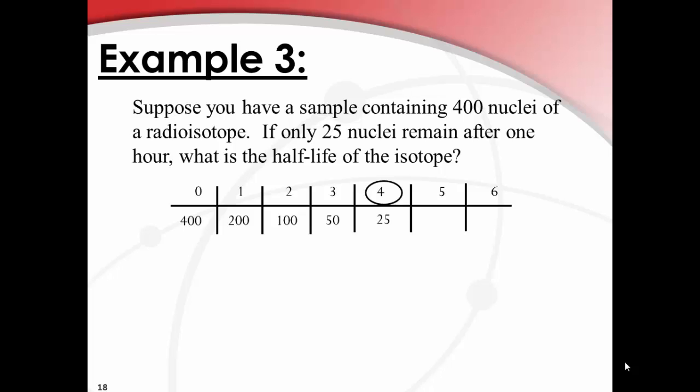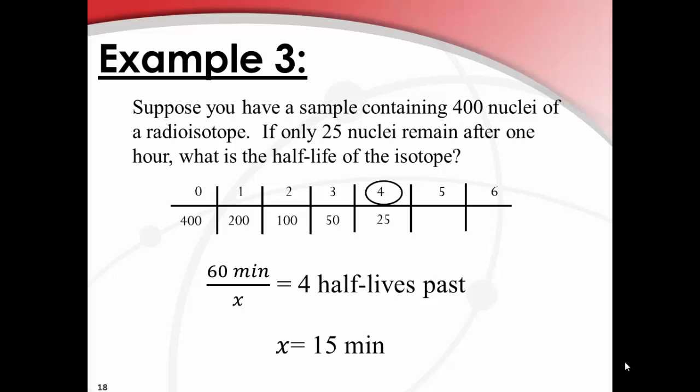So I know that 4 half-life periods have passed in 1 hour. So, taking my total time divided by the half-life, which is represented by x, will equal 4 half-life periods, so that each half-life period will be 15 minutes.